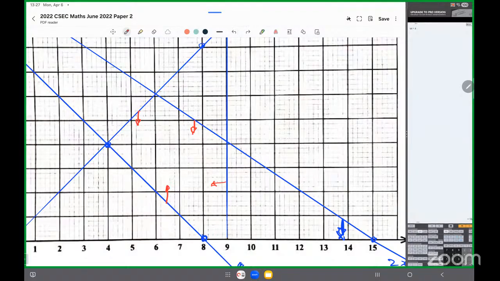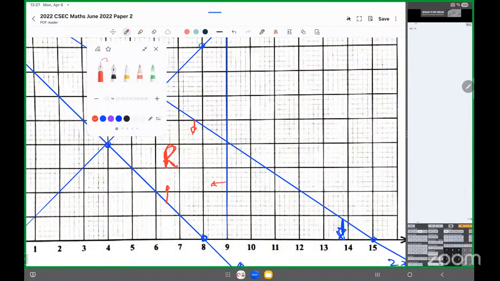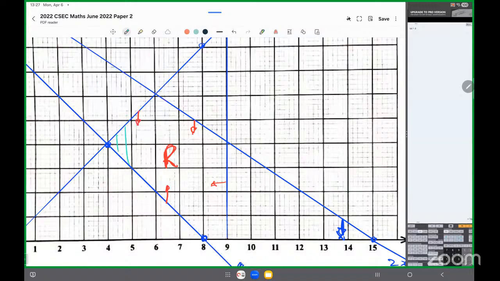So let's shade the region that we want and put our R in it. I'm going to put R in here. That's the region that we want. Let me use green or something like that to shade it. They usually just ask us to label alone, but it's shade and label.